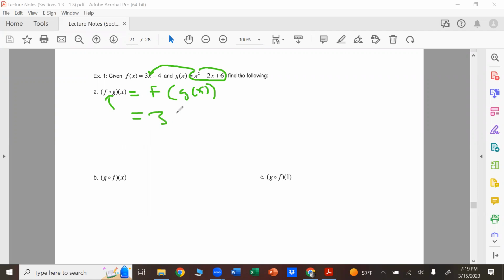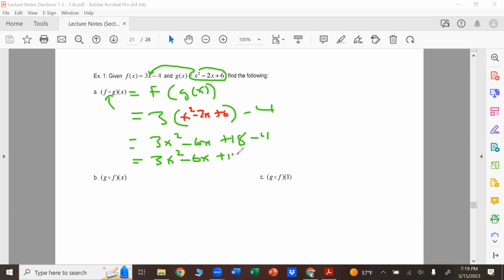So instead of 3x, you're going to be plugging in x squared minus 2x plus 6. Then when you distribute, you should get 3x squared minus 6x plus 18 minus 4. So the composition would be 3x squared minus 6x plus 14. Should be pretty easy, right?